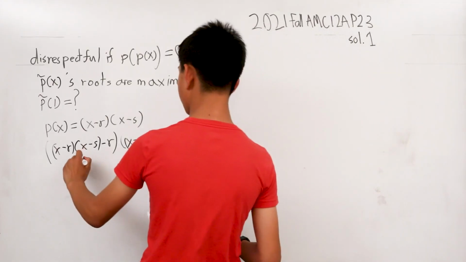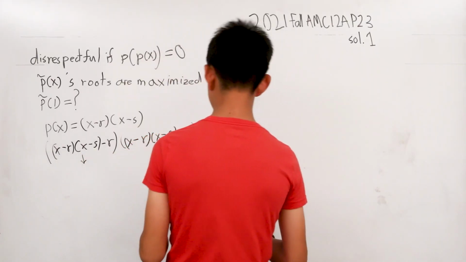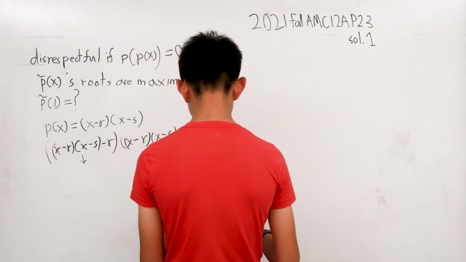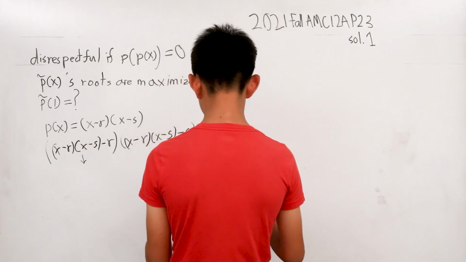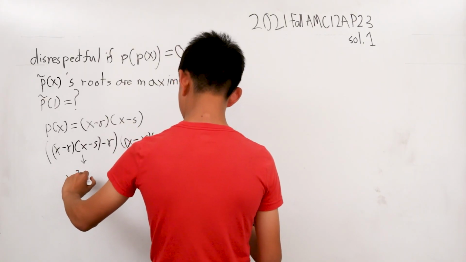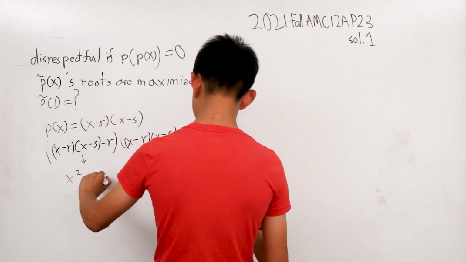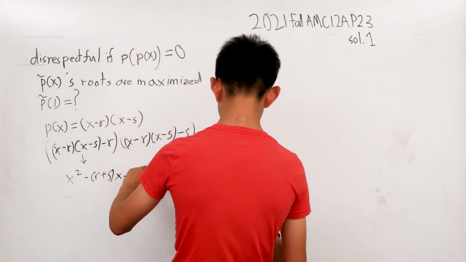If we choose this one, then we have this. So we can just simply expand that. And what is that expansion? When you do that, this is simply x squared minus r plus s times x plus rs minus r is equal to 0.